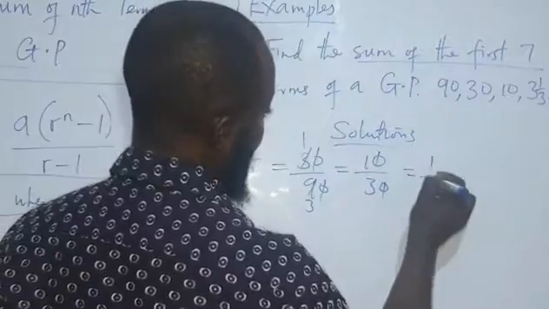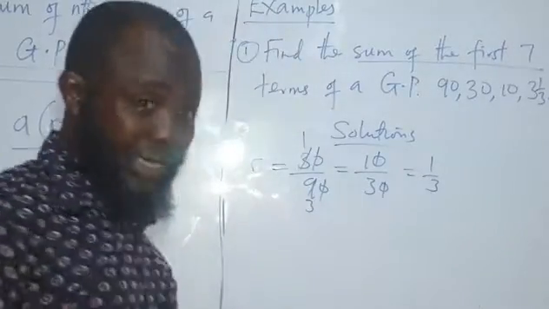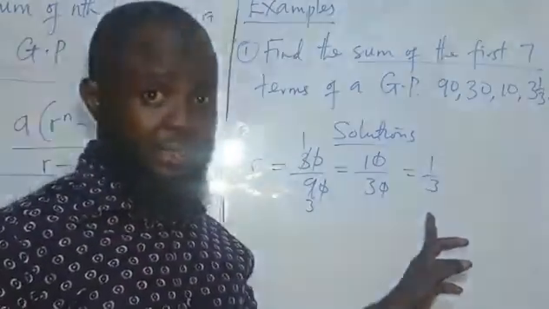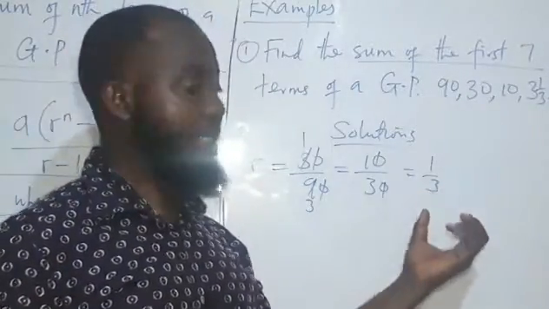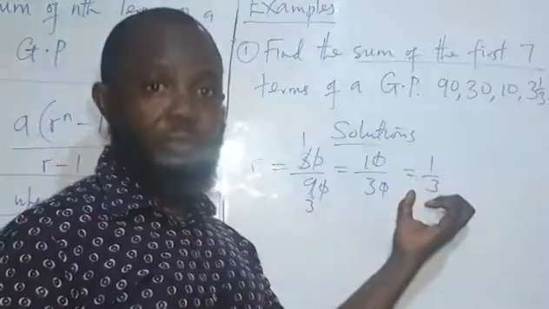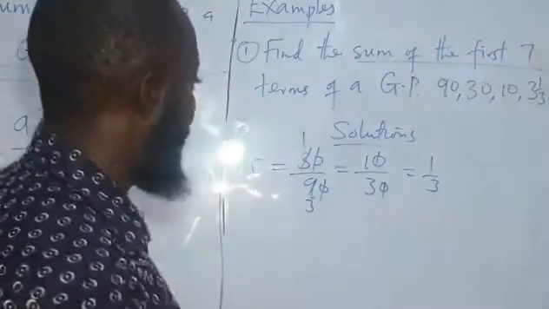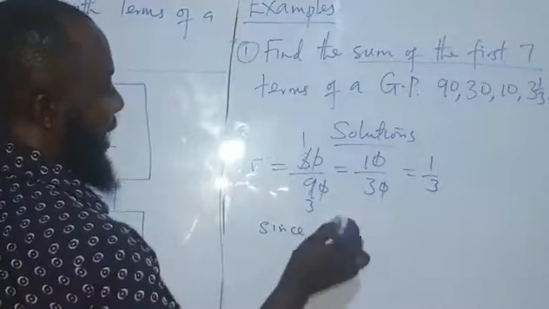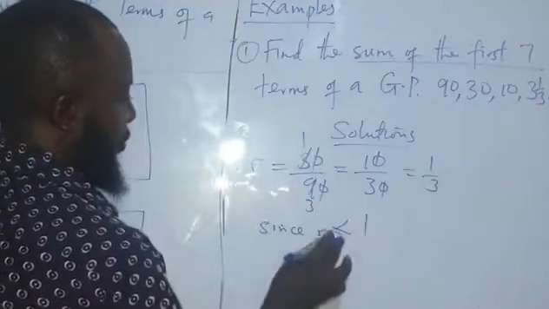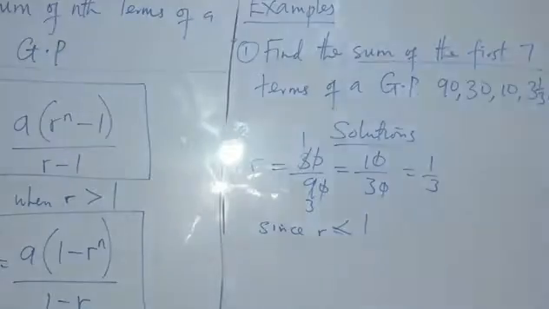That means the common ratio is 1 over 3. Is 1 over 3 greater than 1 or less than 1? It is obvious that R, 1 over 3, is less than 1. So since R is less than 1, we make use of this formula, this one.